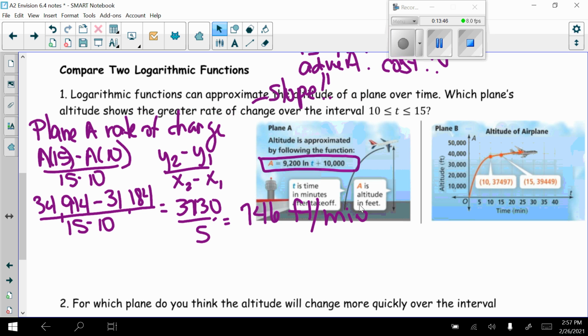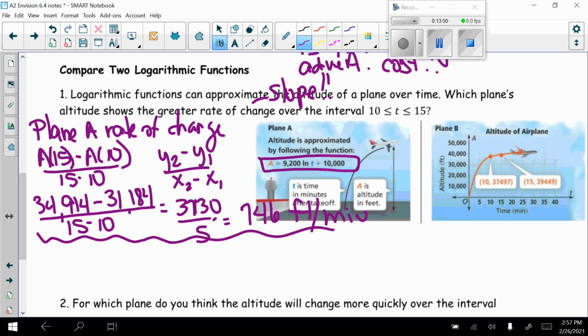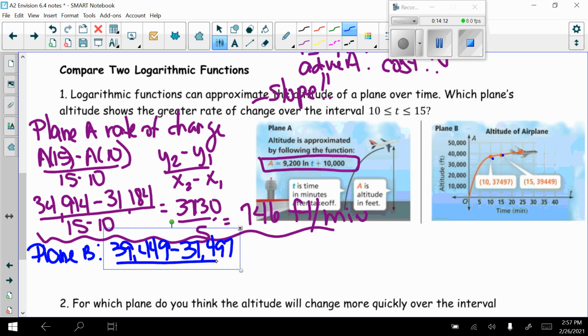That's its altitude. Now plane B, switch colors here. We're going to do the same thing for plane B. Look how nice they've given me these points already. So y2 minus y1, 39,449 minus 37,497 over 15 minus 10.